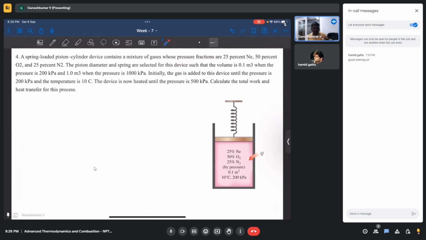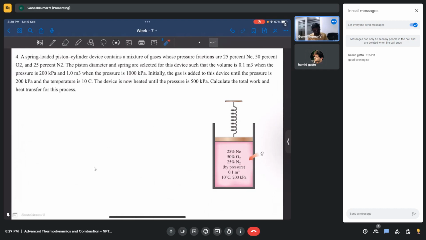Last was mass, previous one was volume, and now it's pressure. Based on pressure we have three constituents here. The piston's diameter and spring are selected for this device such that volume is 0.1 meter cube when the pressure is 200 kilopascal and 1 meter cube when the pressure is 1000 kilopascal.